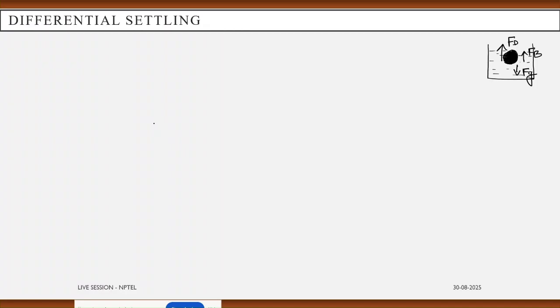So we are defining that gravitational force, Fg equals to particle mass into g.